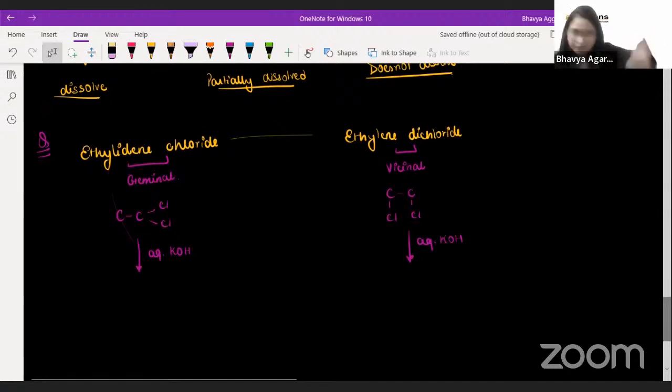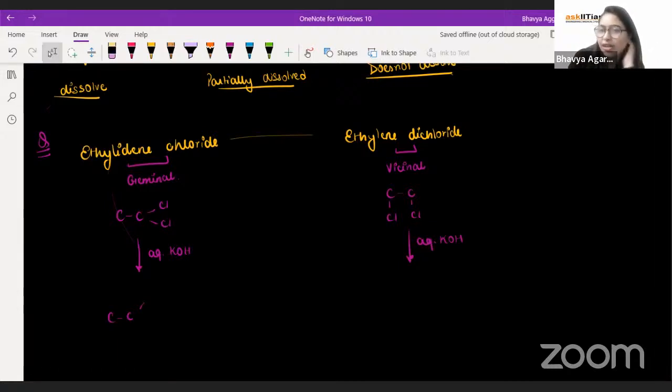Look at the first one, the geminal one. Can I say both the chlorines will be replaced? This is the function of aqueous KOH. It is giving you a substitution reaction, so it is going to substitute your chlorine with OH.